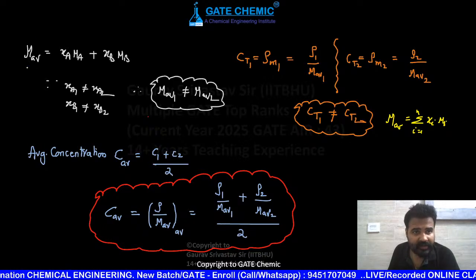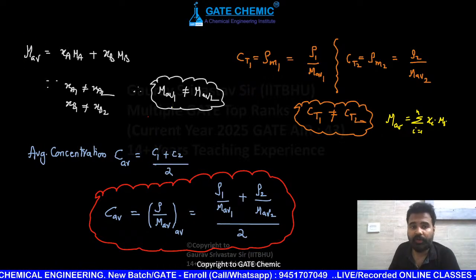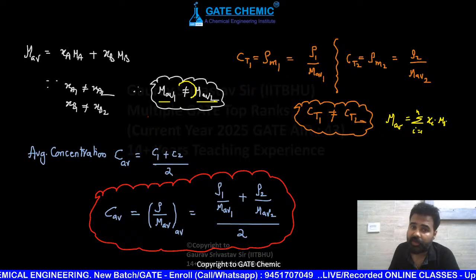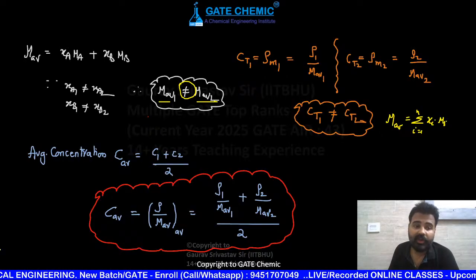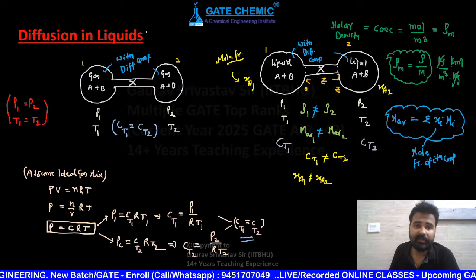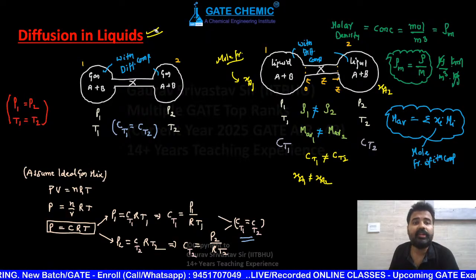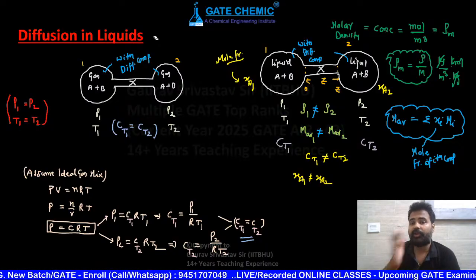And clearly, in this case the average molecular weight of chamber 1 is not equal to the average molecular weight of chamber 2. So when you see liquid cases, the first thing you have to calculate in examination is the average molecular weight of these chambers.